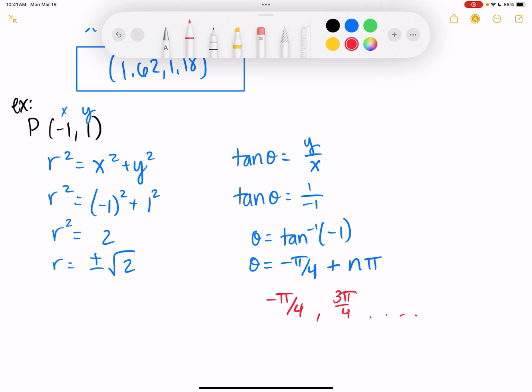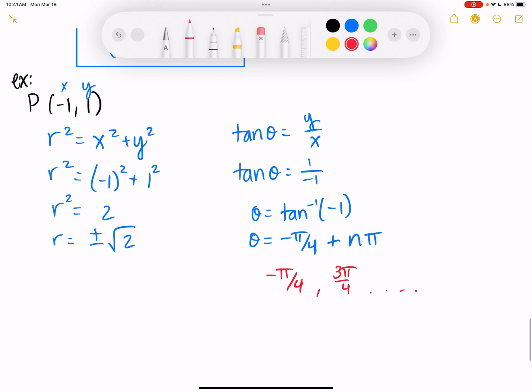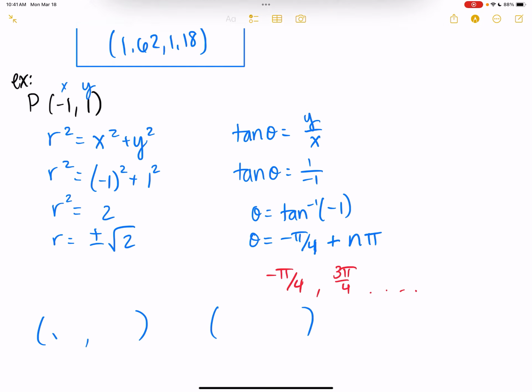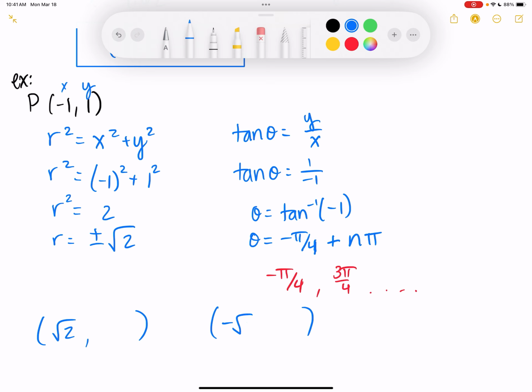So we're going to have 2 polar coordinates. One is going to be positive root 2, one is going to be negative root 2.